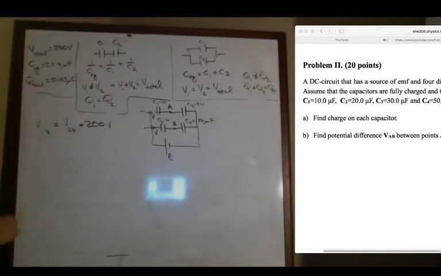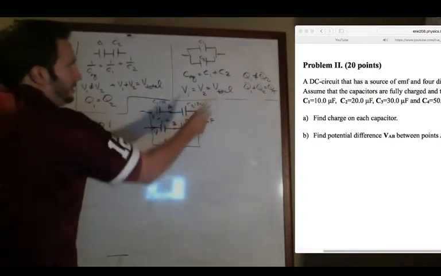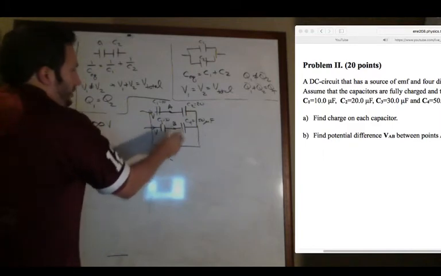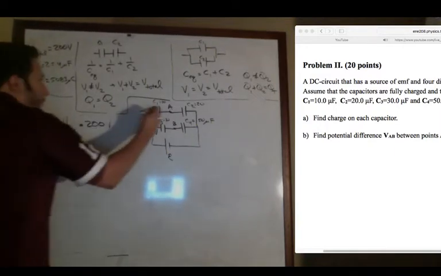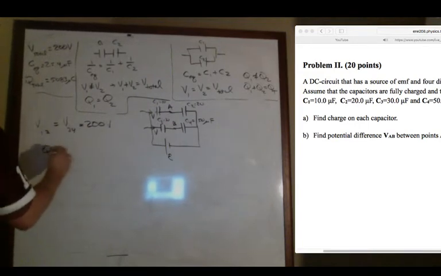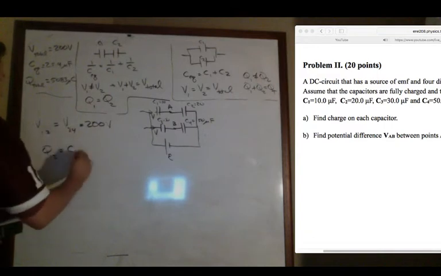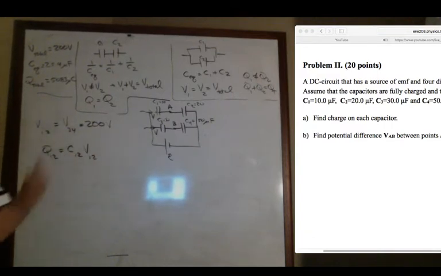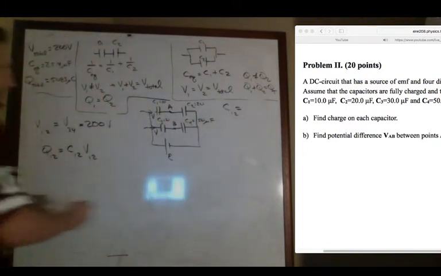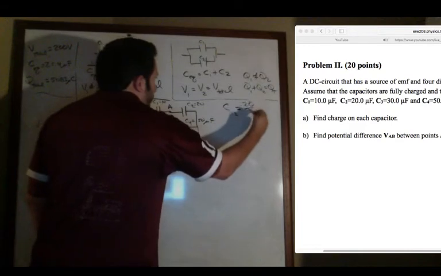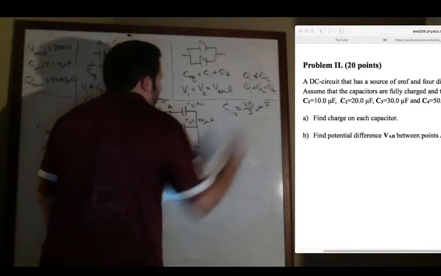We do know that. However, your charge is not going to be the same, but it's going to be the sum of that. So what we can do is, if I want to find Q12, the charge that flows through both of those, I know that Q12 is going to be C12 times V12. And we calculated C12 a second ago, that was your 20/3 microfarads.